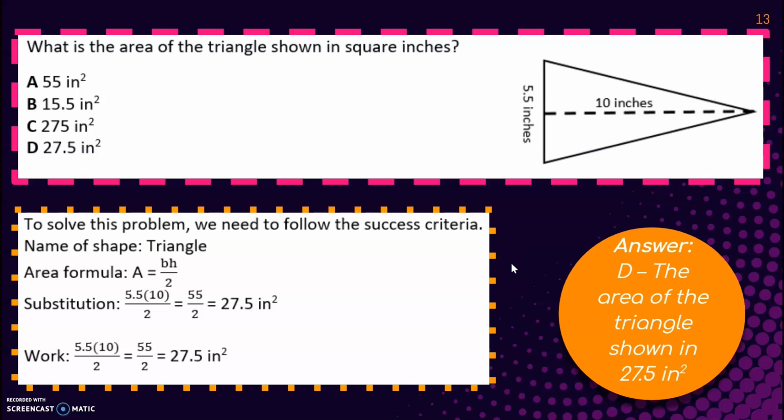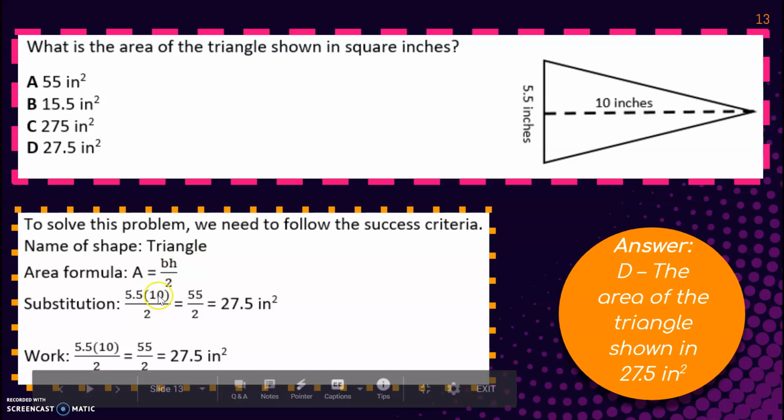So now to solve this problem, we need to follow the success criteria, which we had been doing. So we know the name of our shape is a triangle. The area formula is area equals base times height divided by 2. And then if we go through and substitute it, remember, this dimension right here is our base. Remember, if we had flipped up our triangle, that would actually be at the bottom.